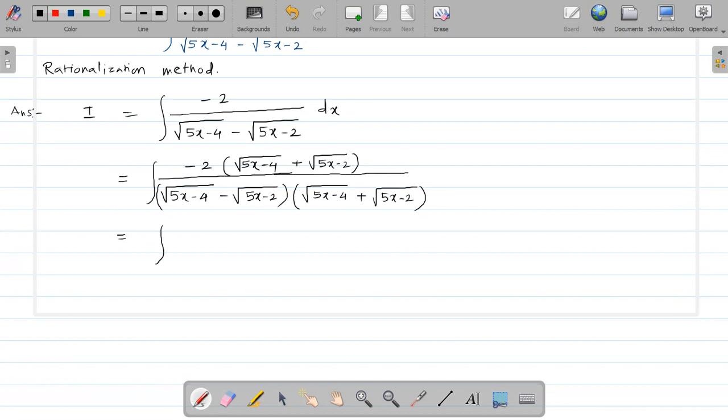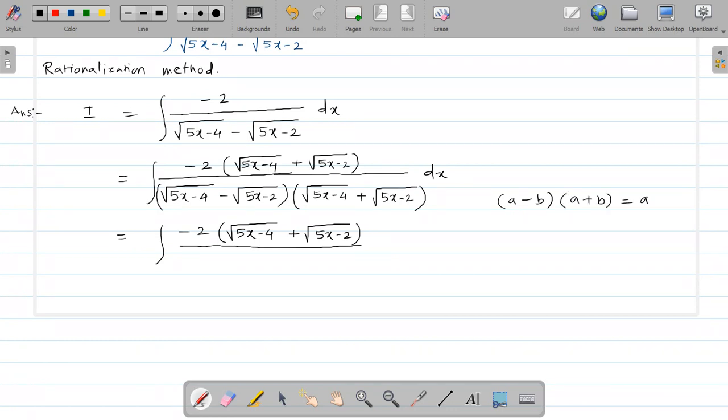So integration of minus 2 into bracket root of 5x minus 4 plus root of 5x minus 2. This term remains as it is. And now the denominator: if you observe both the brackets, it is in the form of a minus b into a plus b.